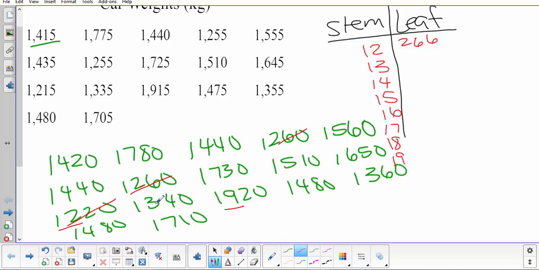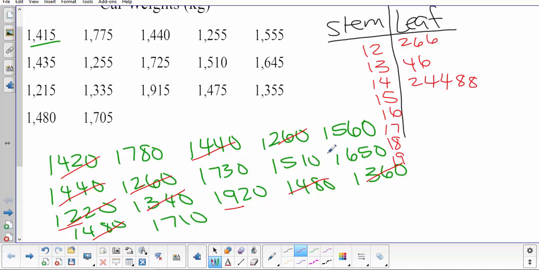I see 1340, 1360, 4, 6, and as I scan my data, I don't see any more 13s. I see a 1420, 2 1440s, so a 2, 2 4s, 1480, 1480, so 2 8s.